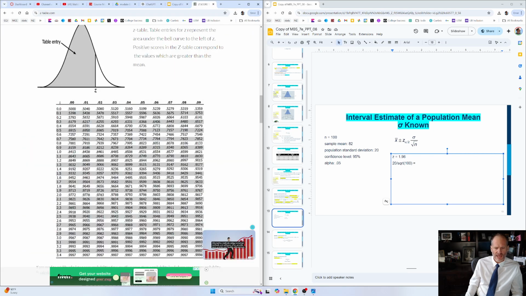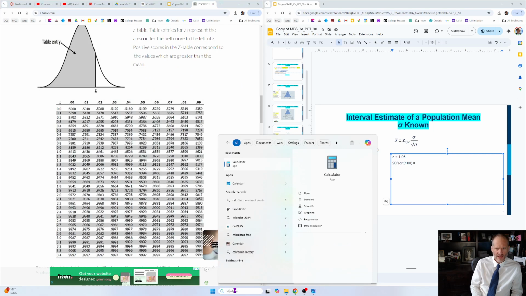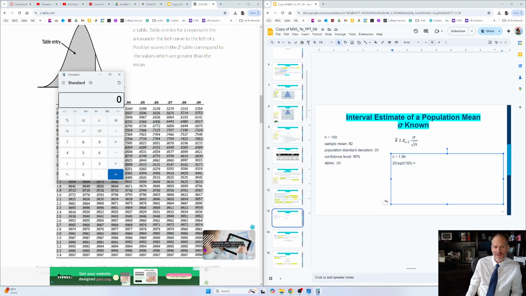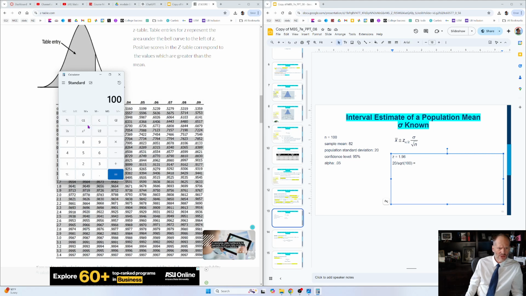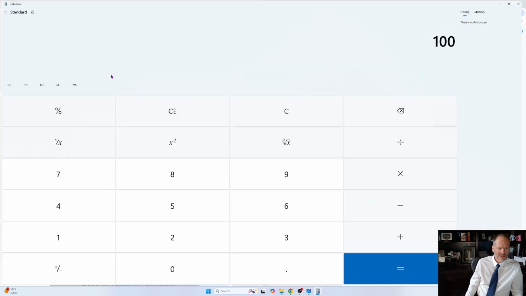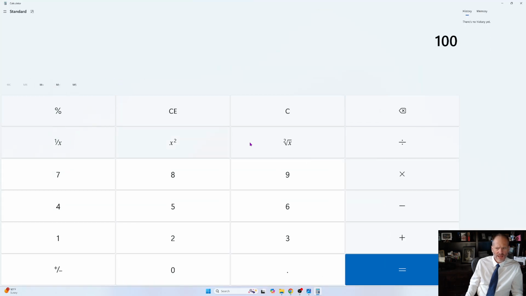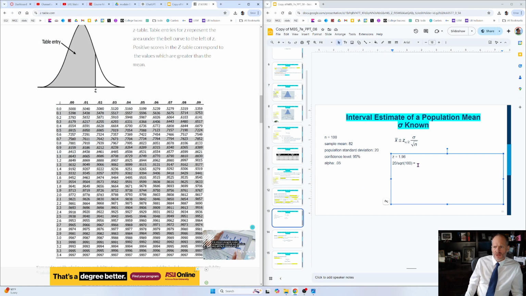If you want to check that, you can launch a calculator, type in 100, and do square root. And that's 10. So it's going to be 20 divided by 10, and that's going to be equal to 2.